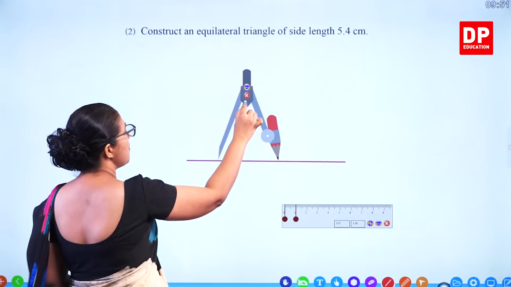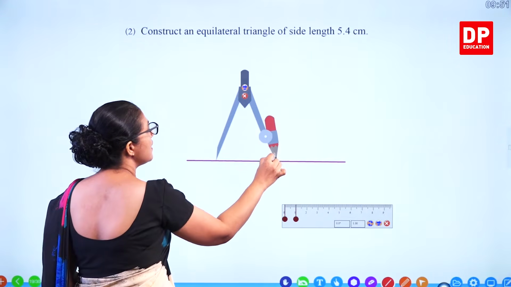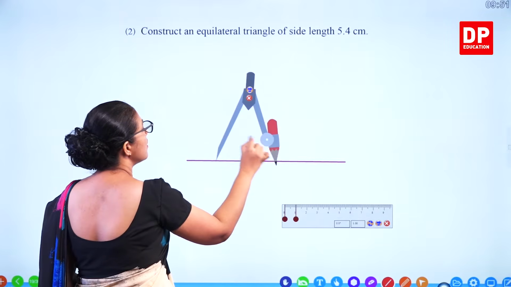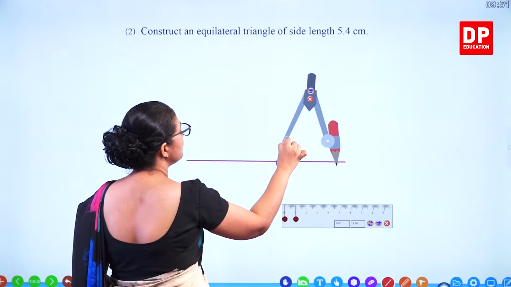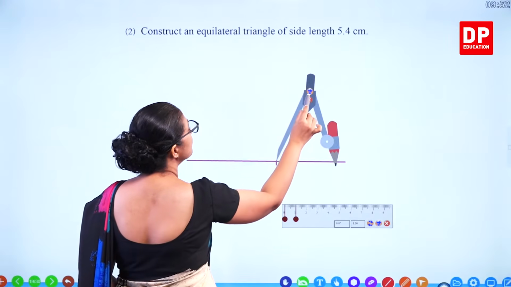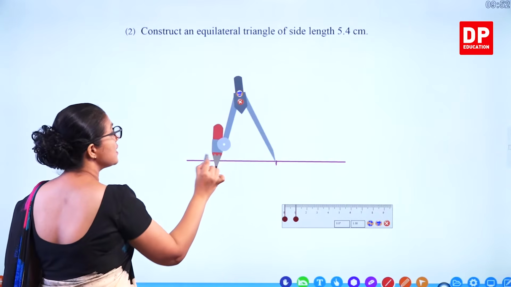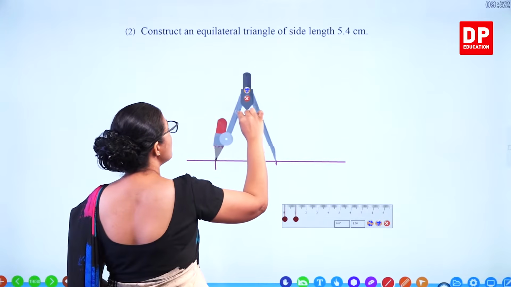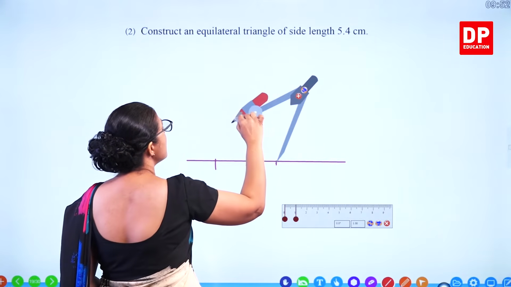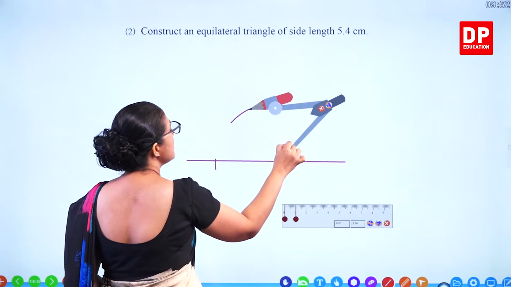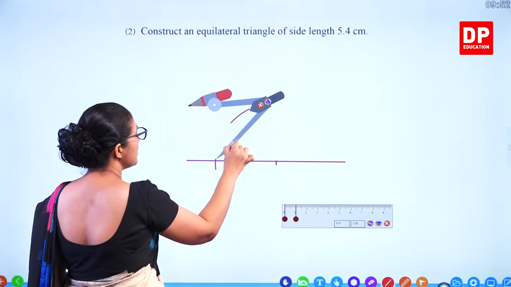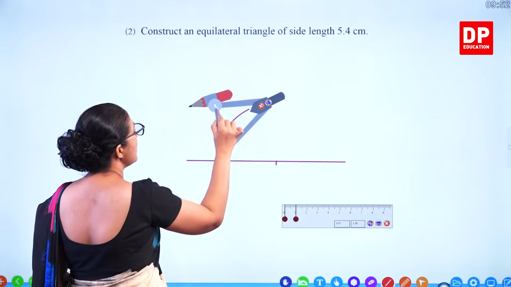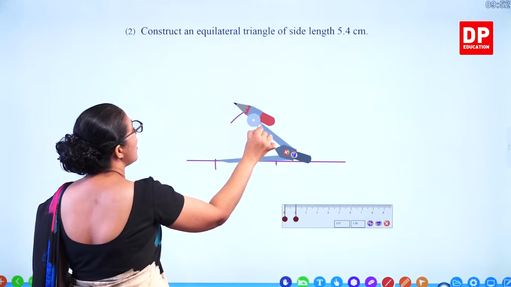And you keep the compass on top of this line and mark one point here, one point here, then the other two lengths are also equal. So you take the same distance, draw an arc in the middle and keep on top of the other point and arc here.